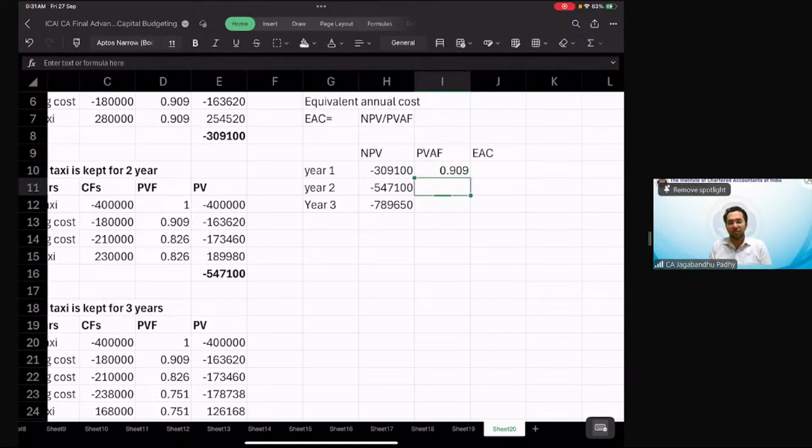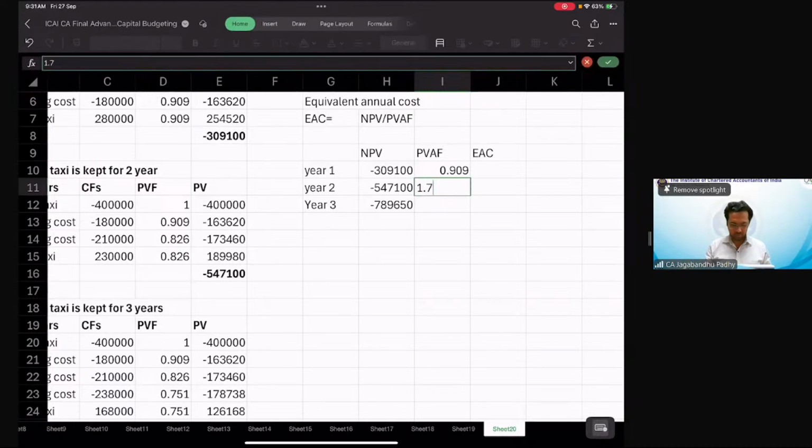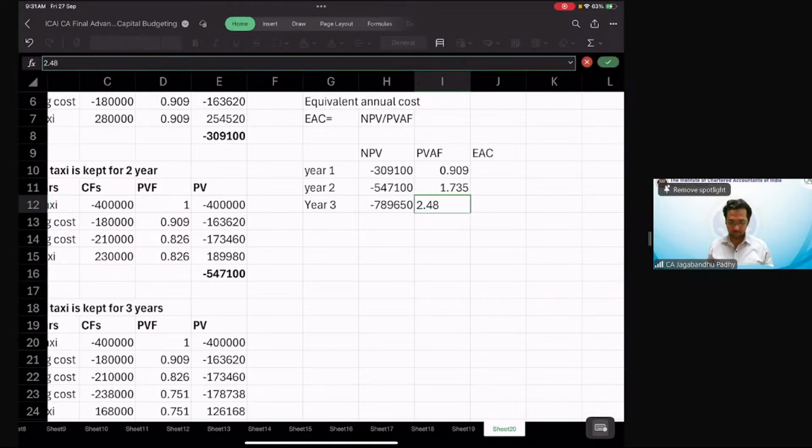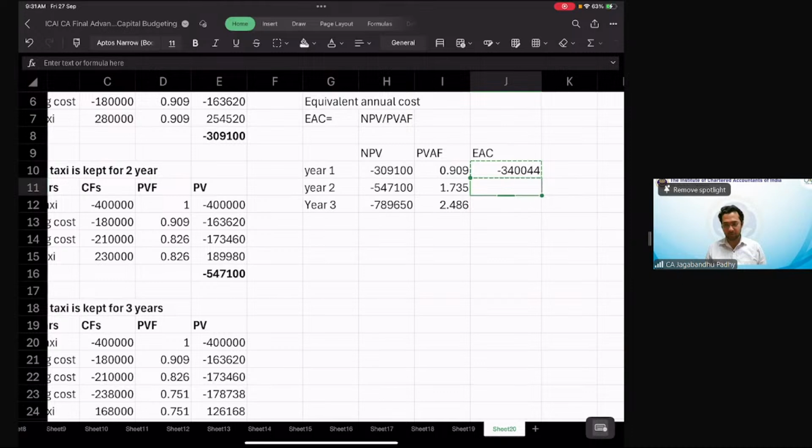For 2 years, it is 1.735. And for 3 years, it is 2.486. So equivalent annual cost will be NPV divided by present value annuity factor.